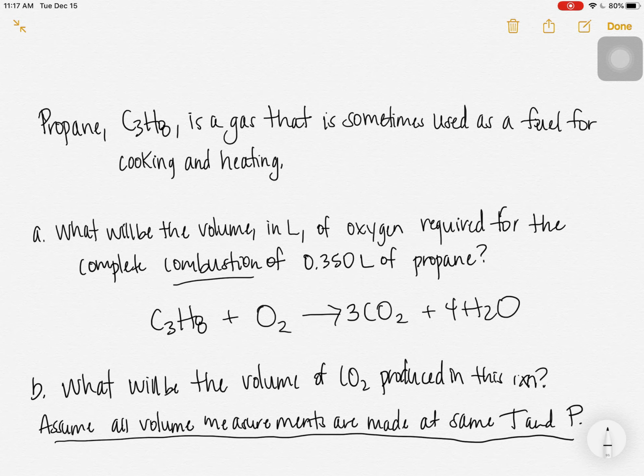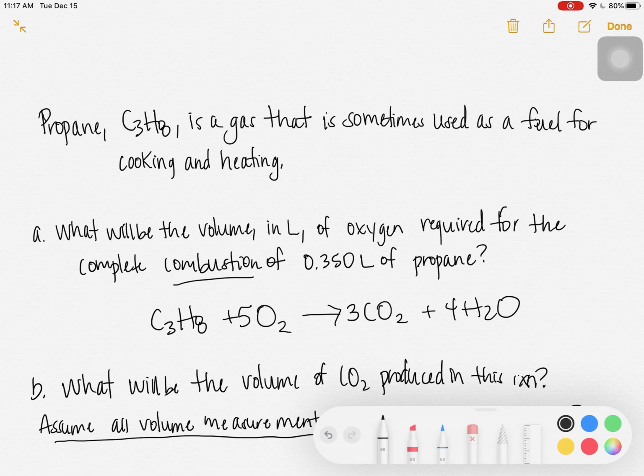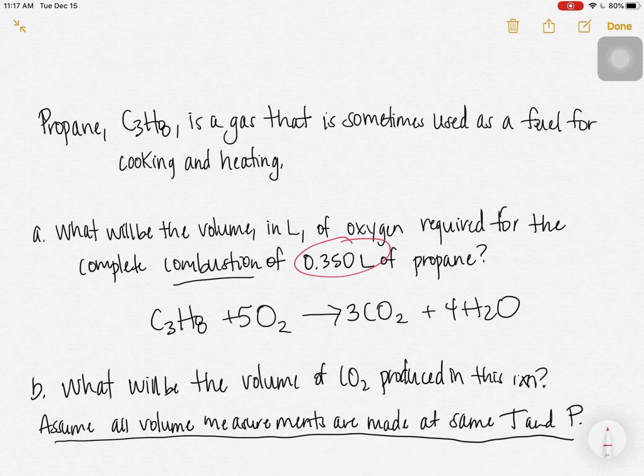So I have to balance this. 3 carbons, 4 hydrogens, and then let's see, 4 O's and 6 O's, so that's 10, so I need a 5 here. Okay, so how can I do this? Well, this is really nice.